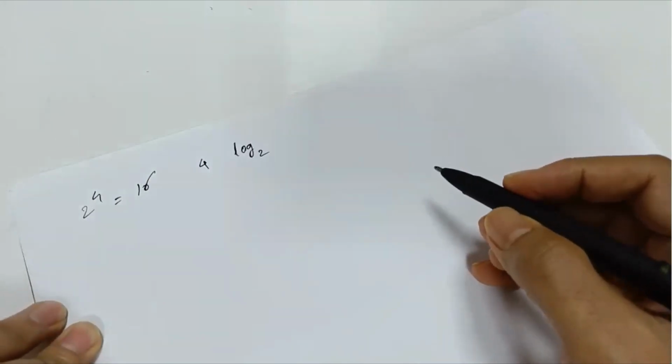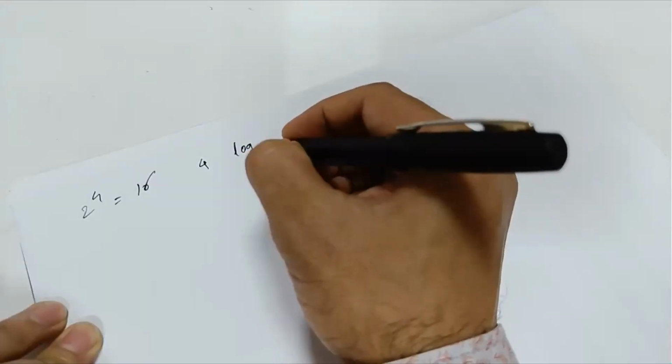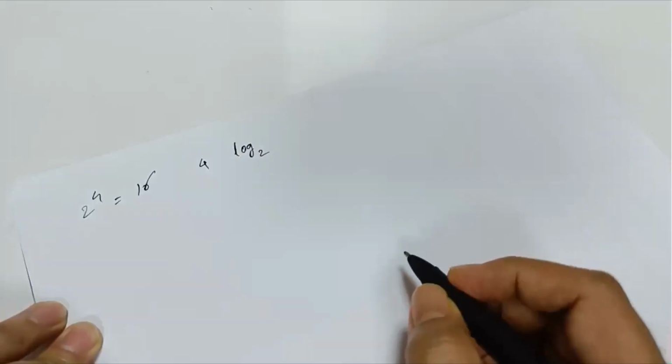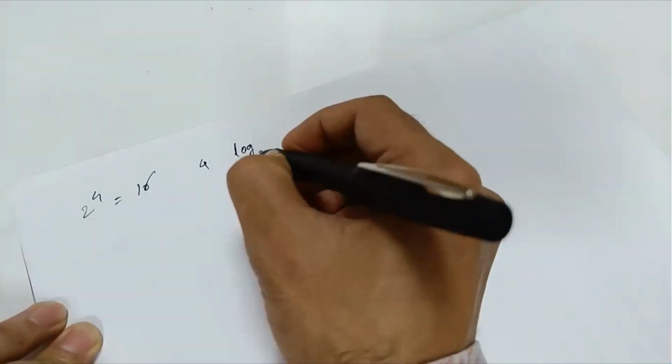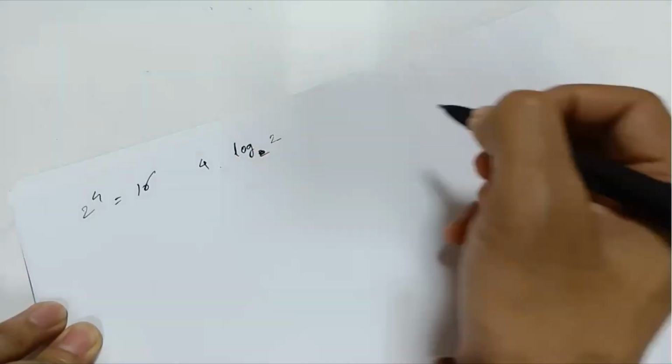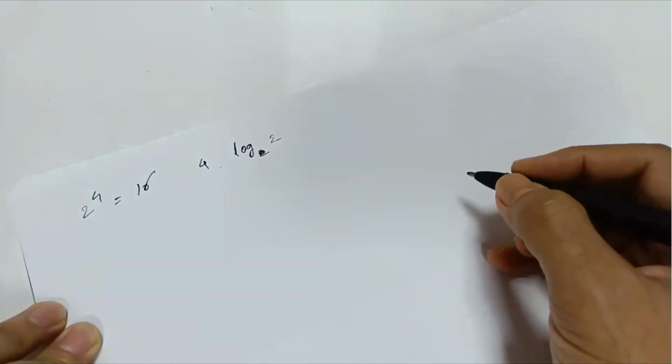No, sir, 2 is not the base. 2 is just in general. Okay, I did not think about the base part. Okay, let's forget about the base. 4 log 2, you are saying? Yes, sir.